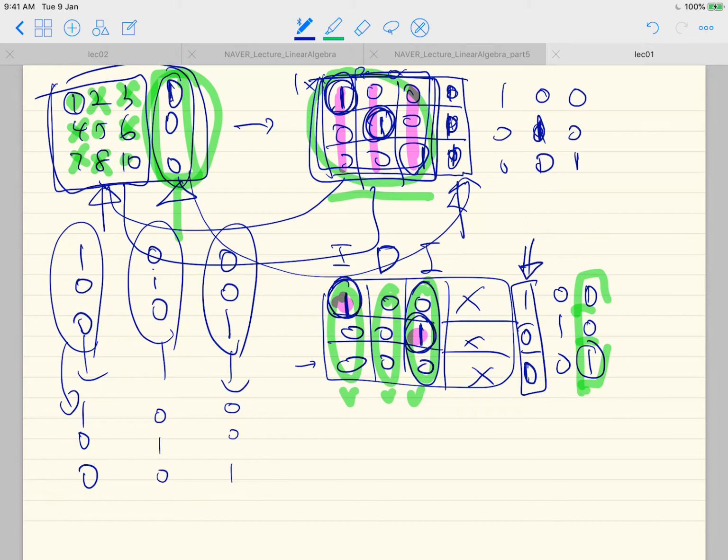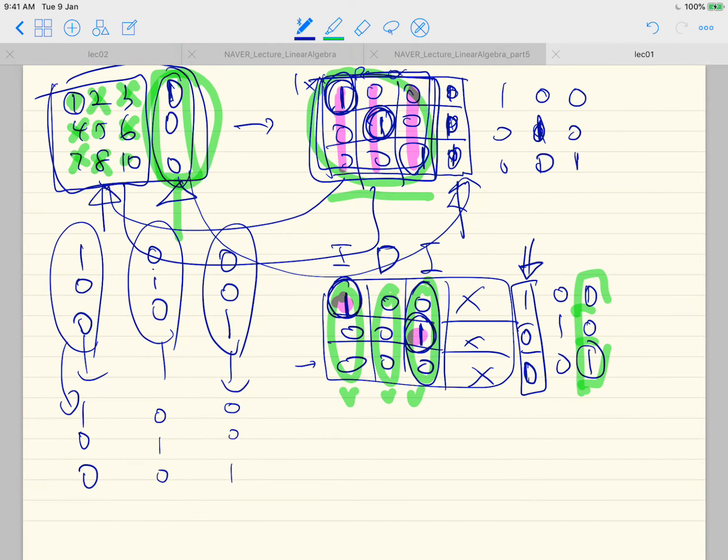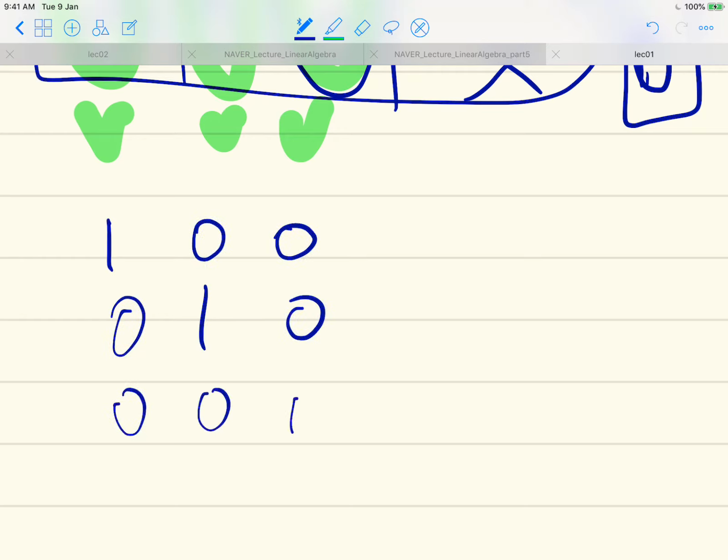Yep. So yeah, there are some other cases of having strictly fewer pivots than the number of columns. The second case could be a column like 1, 1, this kind of column.